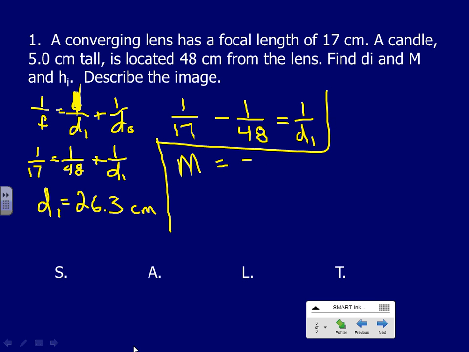M is equal to negative di over do. Negative, what's my di? 26.3, the do, 48. And what do we get? Have you done that yet? As we debated significant digits?